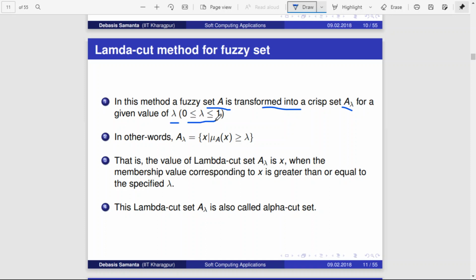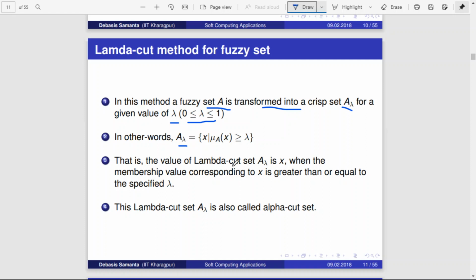A lambda is given like this: A lambda equals x such that the membership function of x is greater than or equal to lambda. That's it. This is similar to the alpha cut method. A alpha, which we have discussed, means it will take such x values whose membership function values are greater than or equal to alpha. It is the same as that. So instead of lambda cut, we can also call it alpha cut.